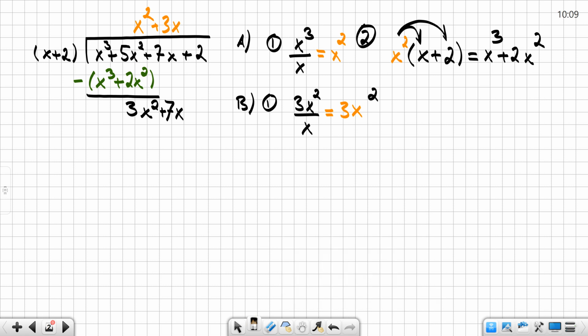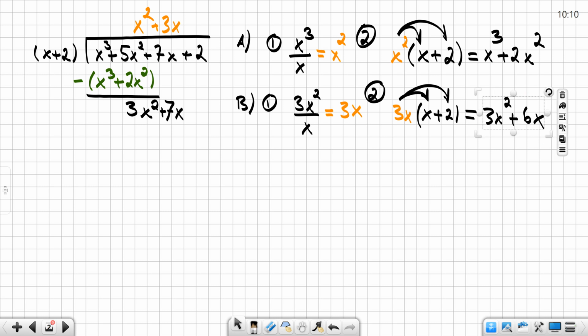And in my second step, I'm going to take this again, multiply it with all of x plus 2, and write it underneath the 3x squared plus 7x. So in my second step now, I'll do exactly the same thing as I did before. 3x, I multiply this all with the divisor x plus 2, and that will give us 3x squared plus 6x.